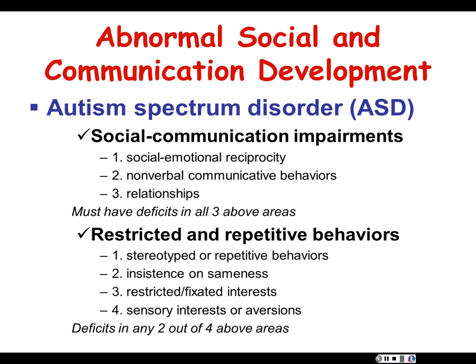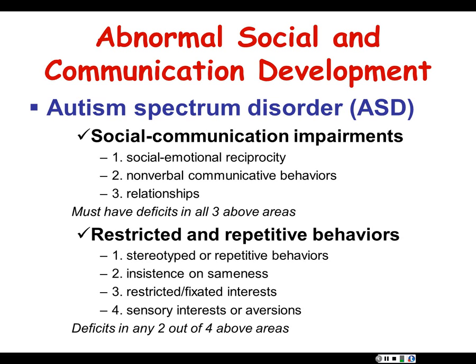But it also can branch onto things that typically developing kids wouldn't find interesting, like a spinning light. They become fixated with a spinning fan light or something that's not even a toy. And then sensory interests or aversions.